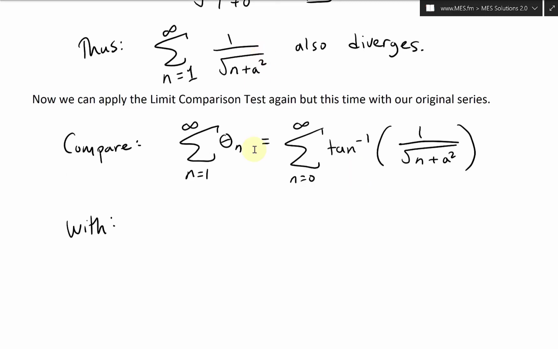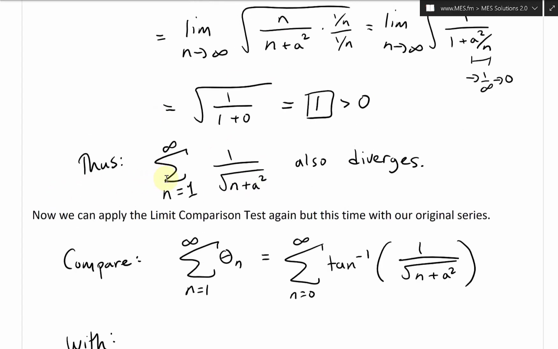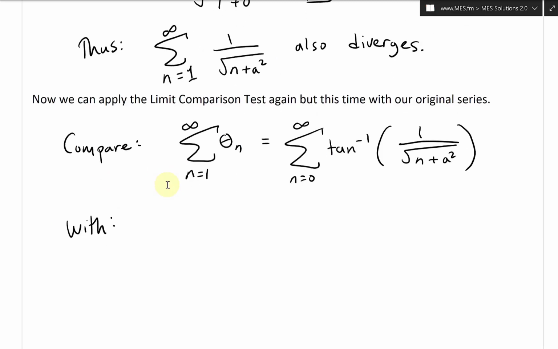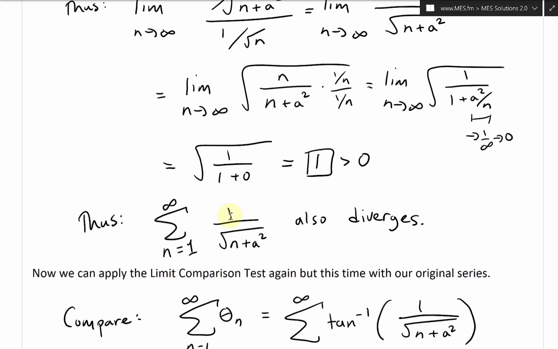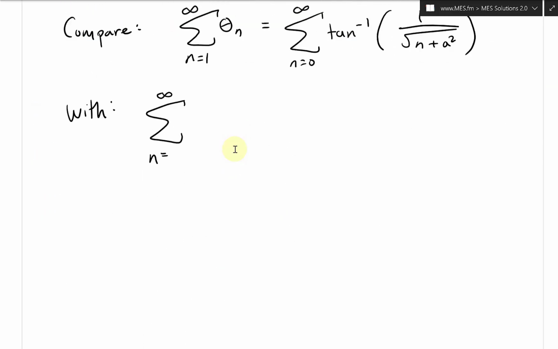And we are going to compare that with the series we just solved over here. So compare that with a summation up to infinity, and we can start from 0 here.